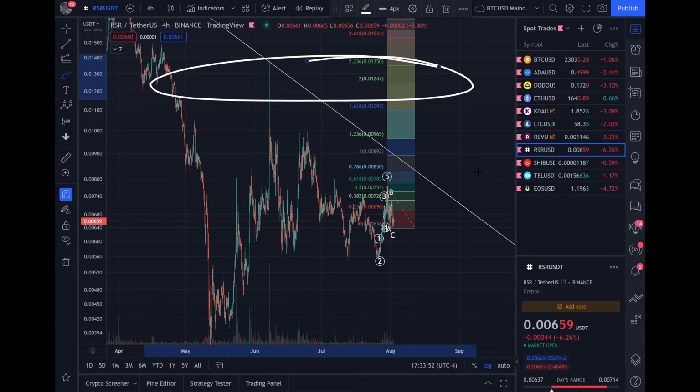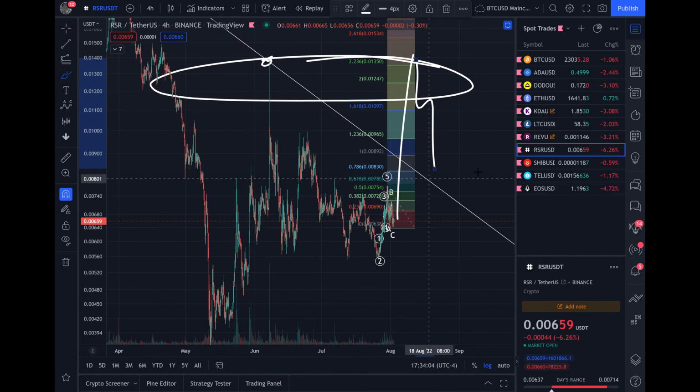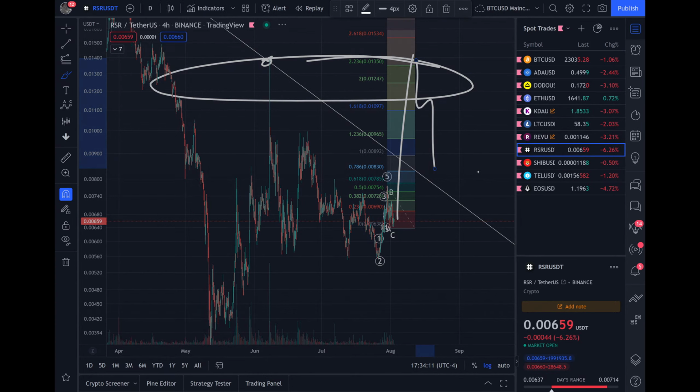Because look, you have previous high here, okay? And if you came up here, it's likely that you're gonna come down and test this larger resistance that you just broke, okay? So let's zoom out for a second.